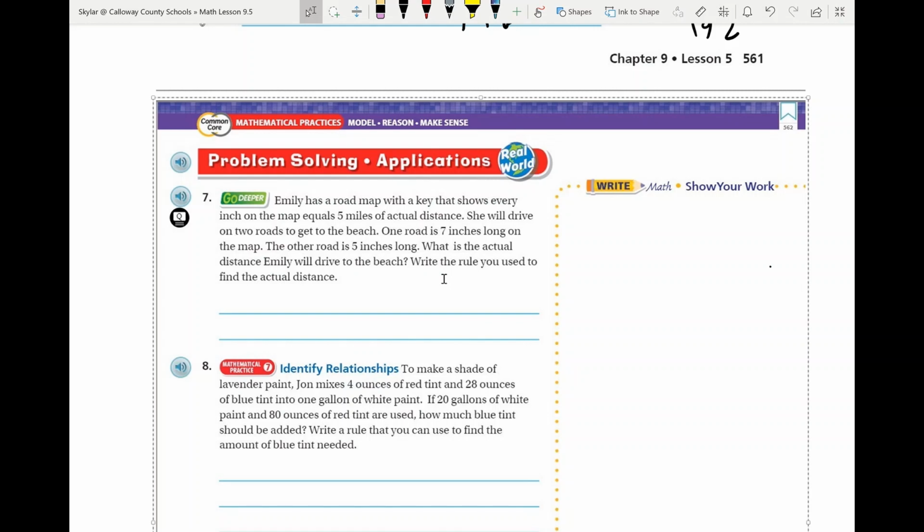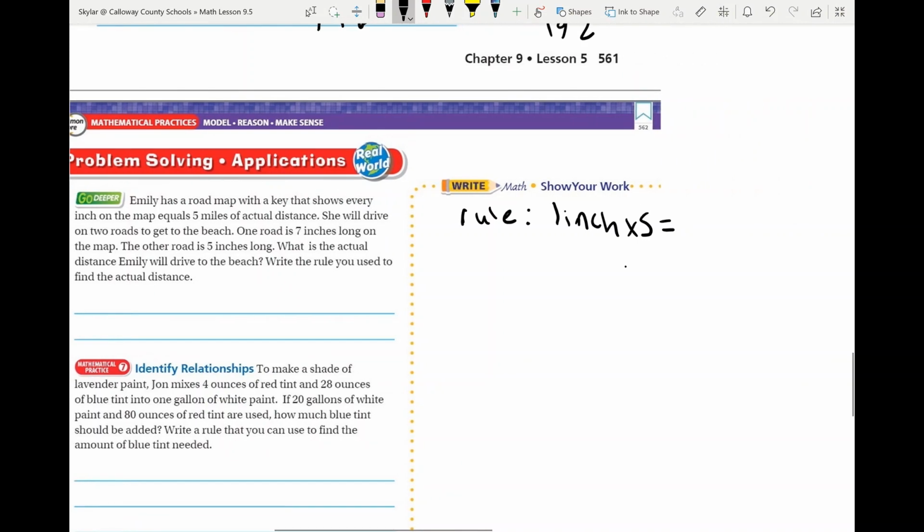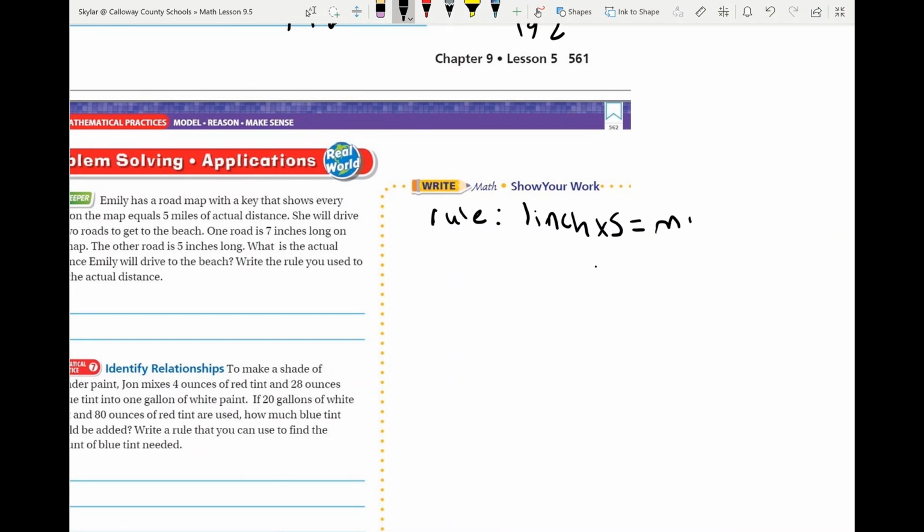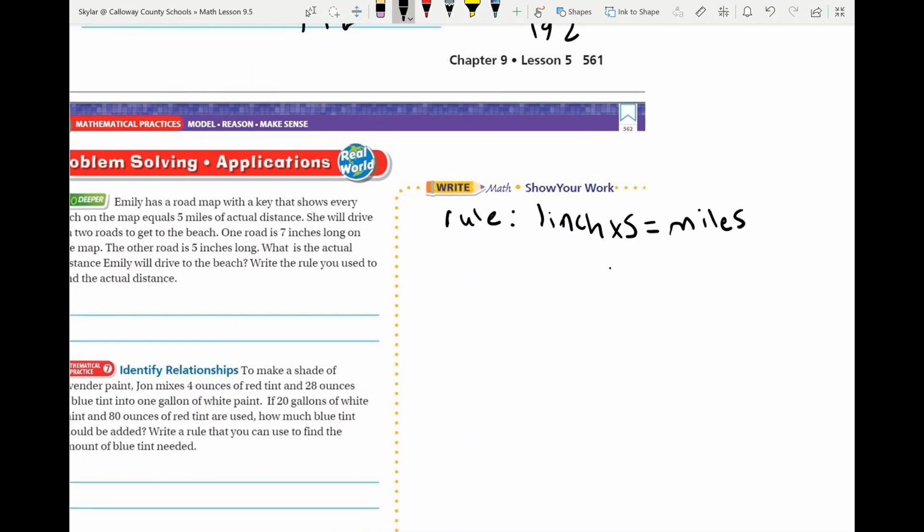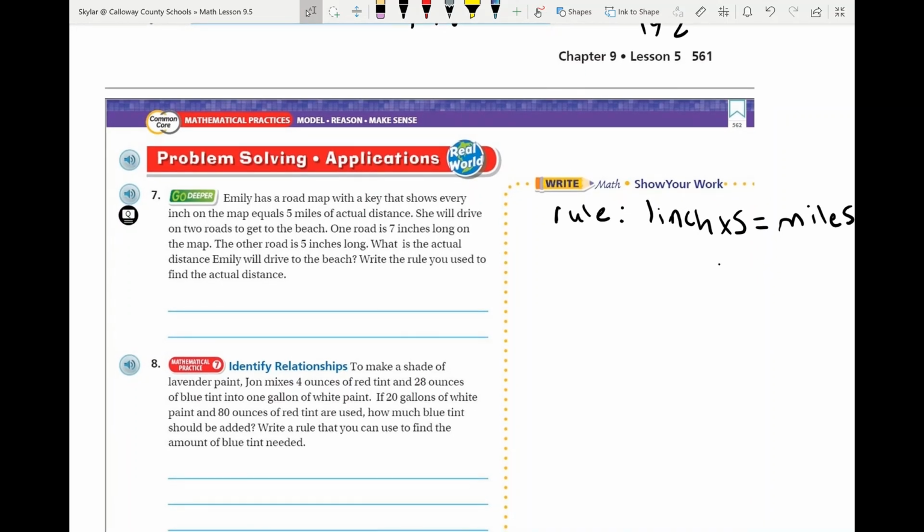So let's try and figure out what our rule is for this one first. Rule. It says that every inch on the map equals 5 miles. So 1 inch times 5 equals miles. That's our rule. So now let's see how many inches she drove. She said one road is 7 inches long, the other is 5.